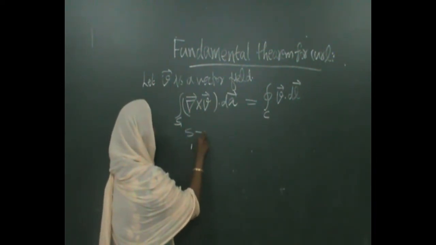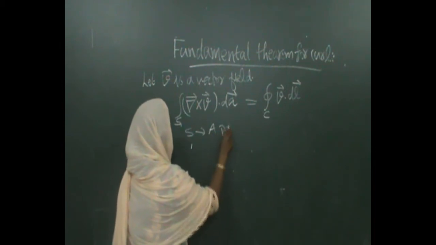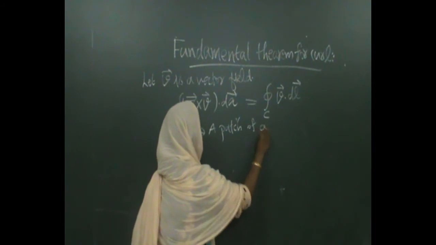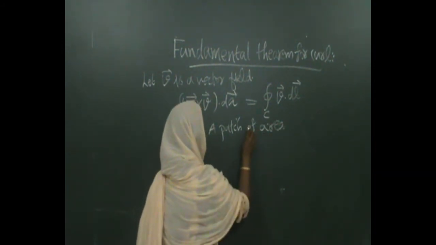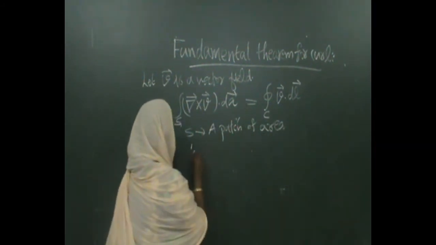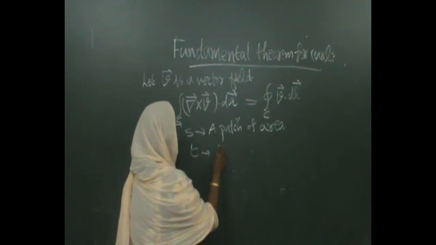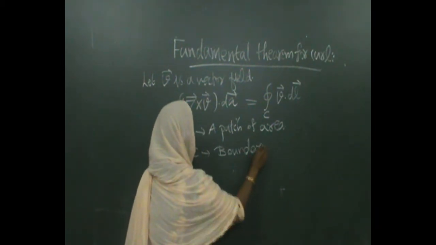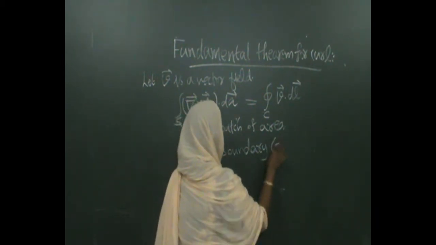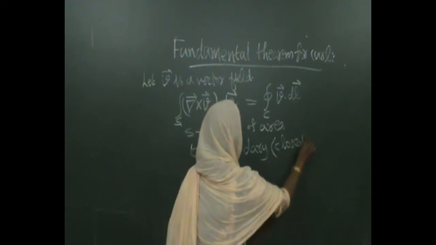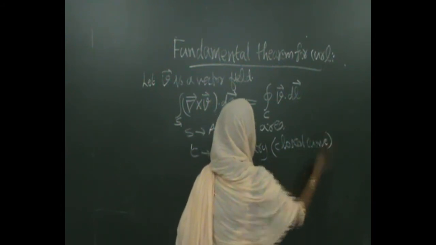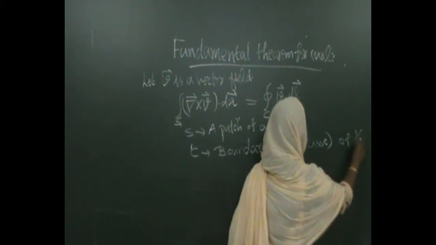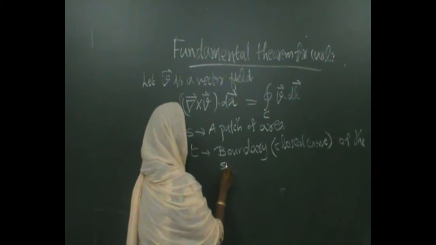S represents a patch of area, and C represents the boundary, the closed curve, the boundary of the surface S.